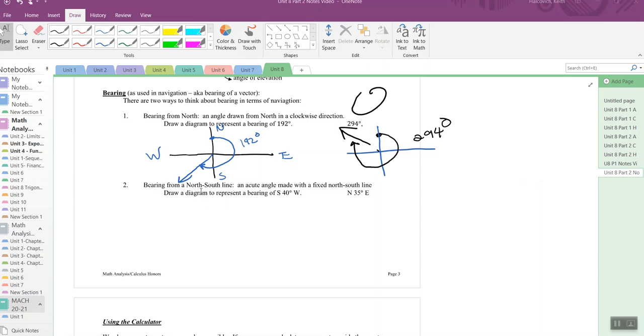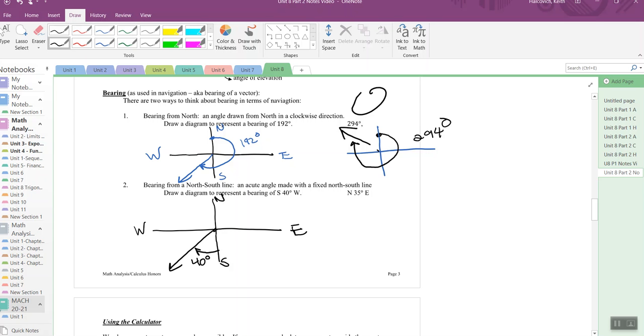So now, the next way we can do it is from the north-south line. From the north-south line is when they give you directions. For example, the north-south line is up and down, right? And then you have west, east. So if they say south 40 degrees west, that means you go southwest, but the 40 degrees is taken from the north-south line.